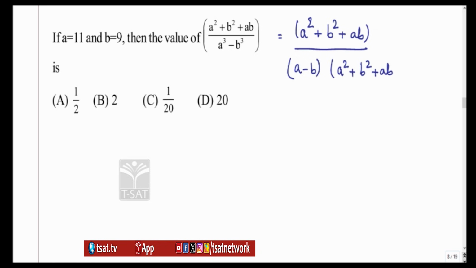We know this a square plus b square plus ab and a square plus b square plus ab get cancelled. So, what are you going to be left with? Simply 1 by a minus b is left out. So, if you can imagine the formula directly, you can say 1 by a minus b will be left over. So, the answer is 1 by 11 minus 9, that is 2, which is 1 by 2.